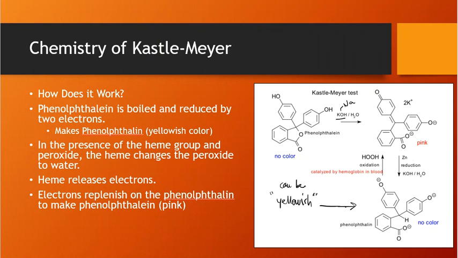And what you're seeing is kind of a rearrangement here, right? So it takes this phenolphthalein structure. Notice that it breaks these bonds, and it gets rid of that hydrogen to form a double bond, and it does a diene kind of in place here in the ring structure.